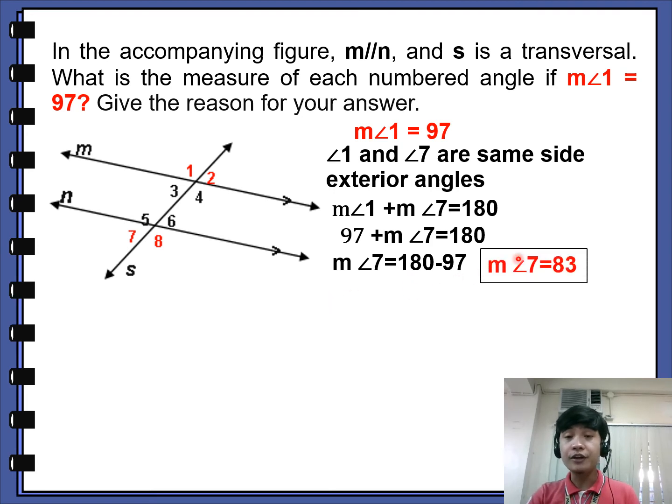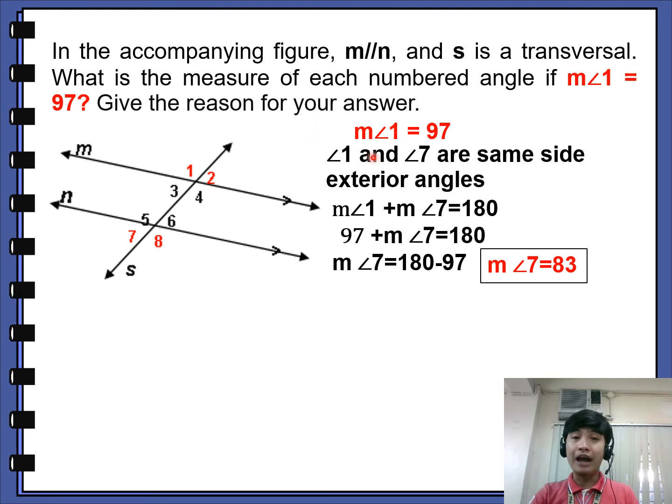Simplifying this further, the measurement of angle 7 is equal to 83. So, ang sukat ni angle 7 ay 83. So, dito sa left side ng transversal, kompleto na yung measurement ng dalawang exterior. So, doon naman tayo ngayon sa mga interior angles dito sa left side ng transversal, which is line S.